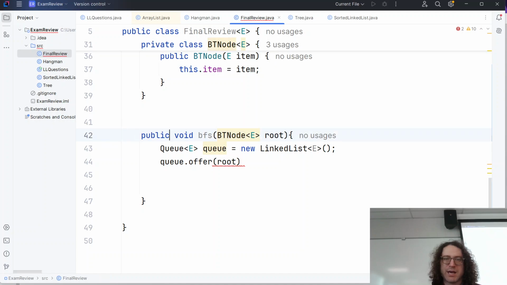And I guess that would be a queue of nodes, not a queue of items. And now it's giving me an error because I've got to, there we go. That's why the diamond interface is so useful. So we're going to offer the root to it.